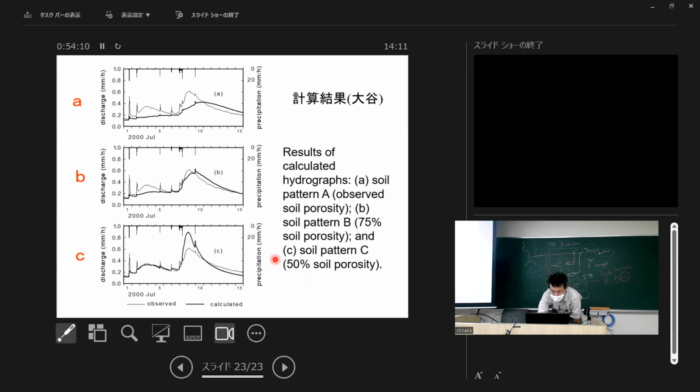Number C has the soil pattern with 50% soil porosity, but A is just the observed soil pattern.